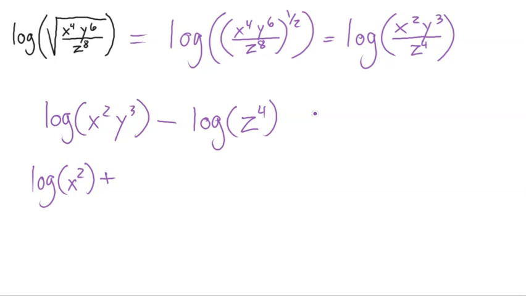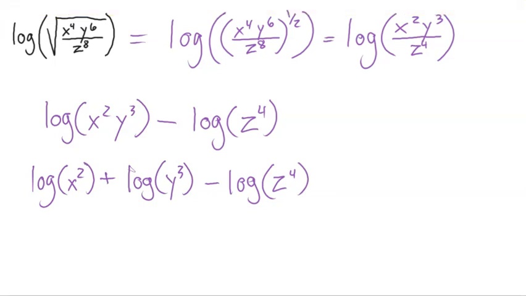So this will be log of x squared plus, remember the multiplication is becoming addition, another log of y cubed. Then we'll put on the minus log of z to the 4th.